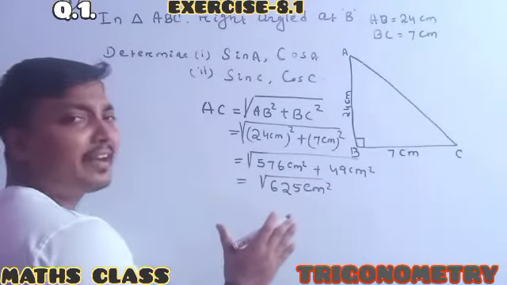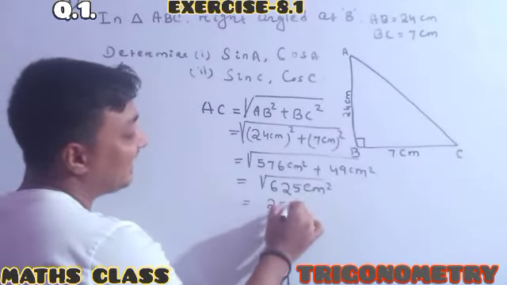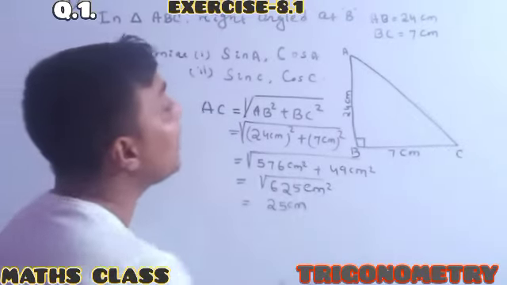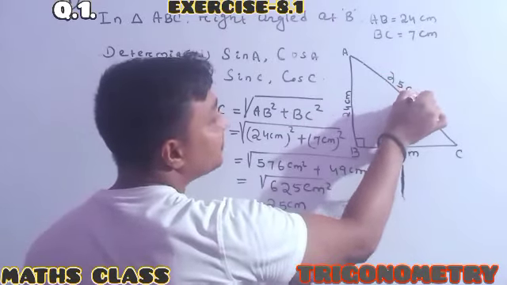Everyone knows 625 is the square of 25, so directly I am writing that it is our 25 centimeter.